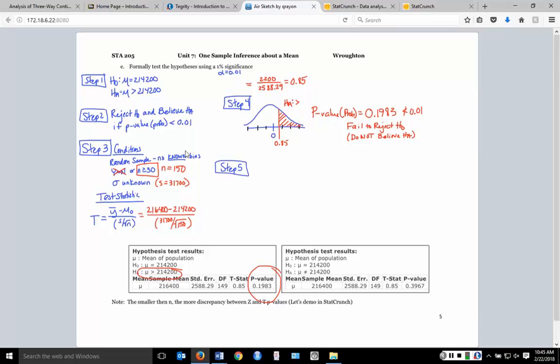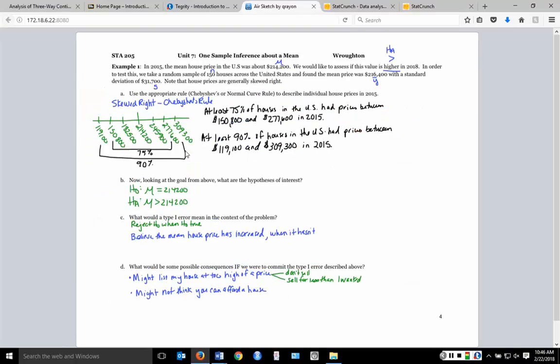So then step 5 is just our interpretation. Starting with our alpha level of 0.01, since we did not reject, there is not statistically significant evidence to support that our mean house price in the U.S. has increased in 2018.